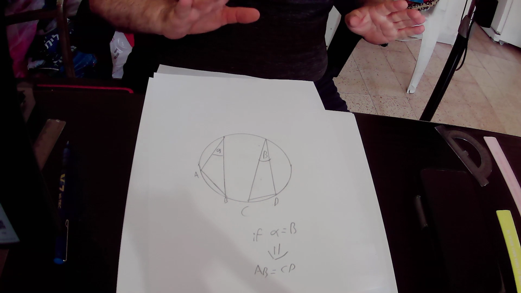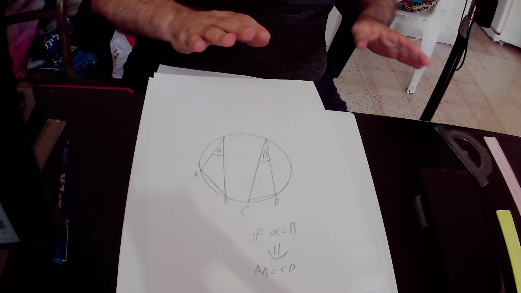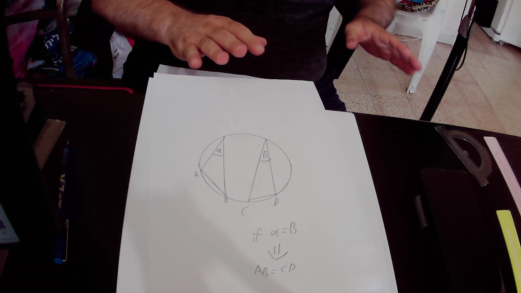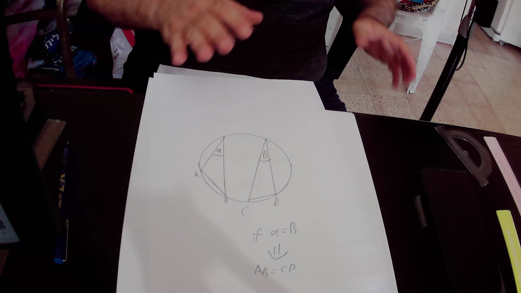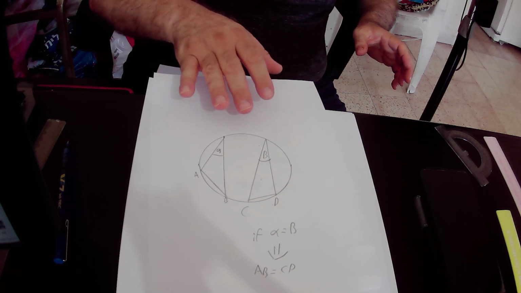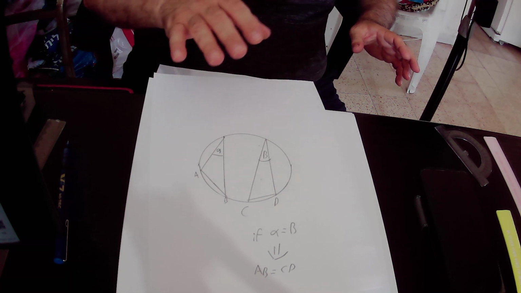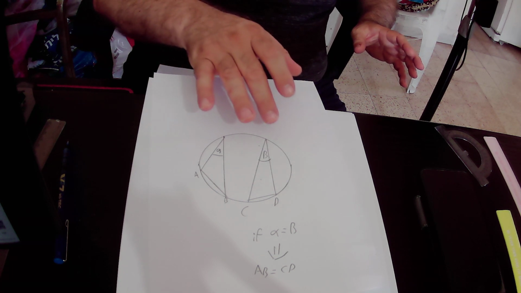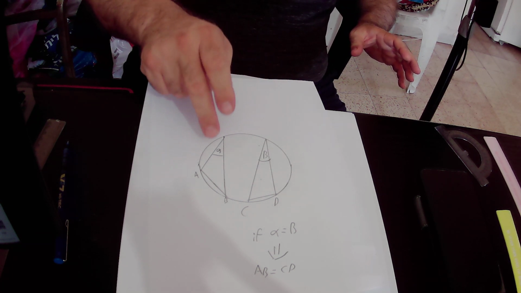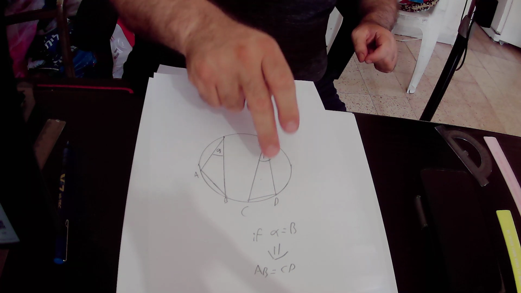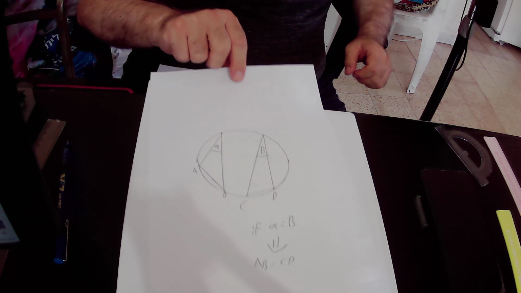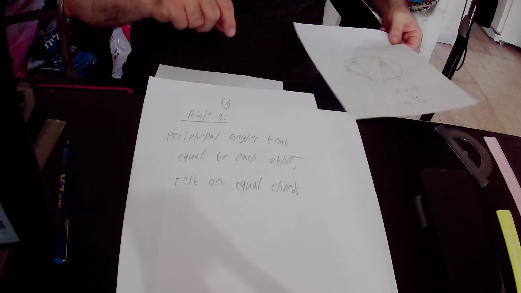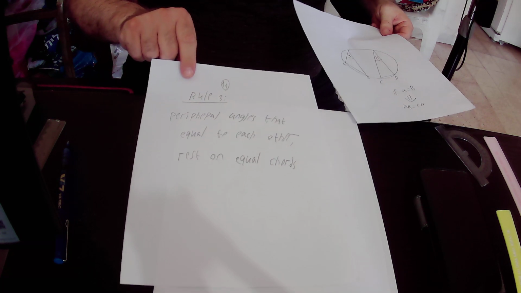Okay, that is the explanation of rule number 3, that equal peripheral angles have equal chords. Because alpha equals beta, also chord AB equals chord CD. And we can implement this rule in our circle.